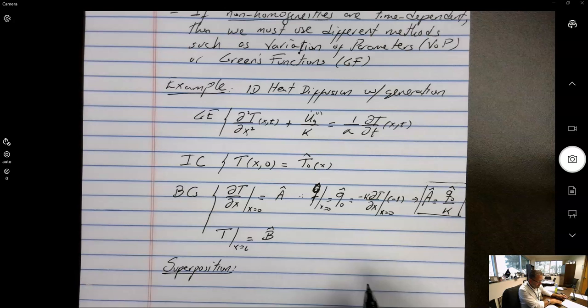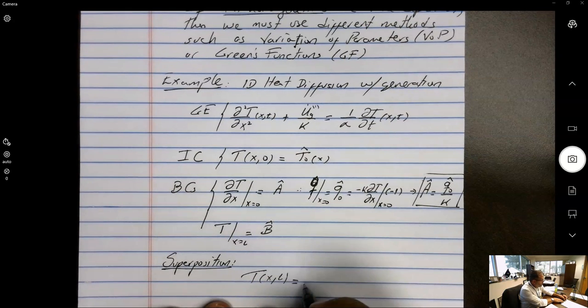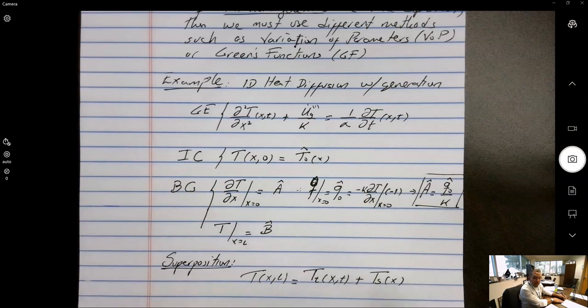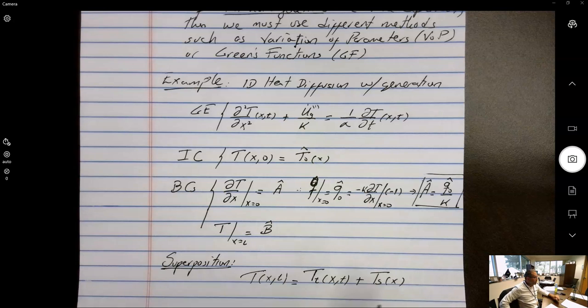And in solving transient problems, superposition always works by stating that we want some transient solution Tt of x and t plus some steady solution Ts of x. I'm going to include only x, obviously, because this problem is one-dimensional. But if this problem was multidimensional, you'd have multiple dimensions in the steady part of the solution.